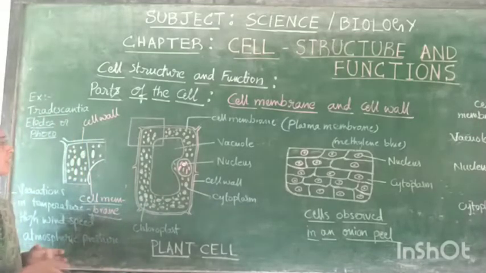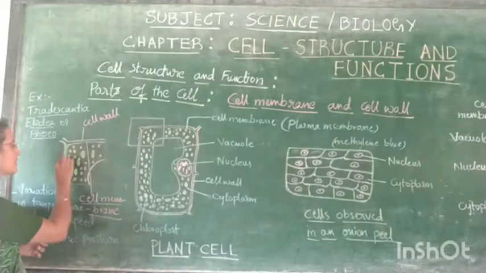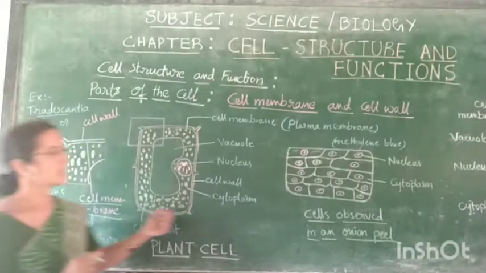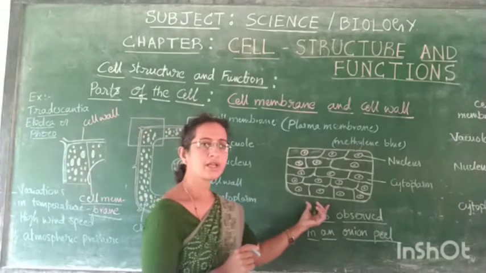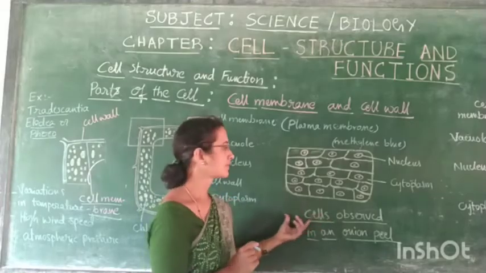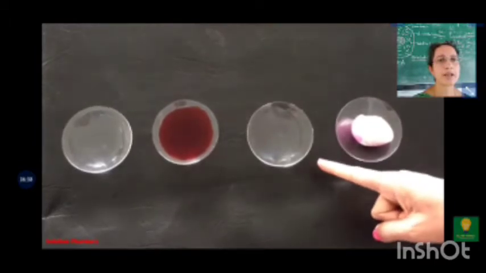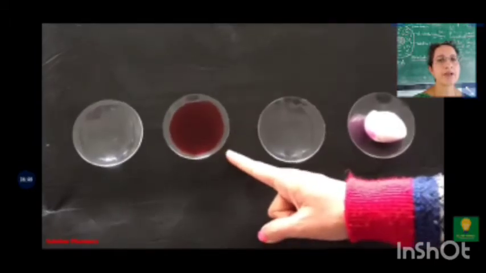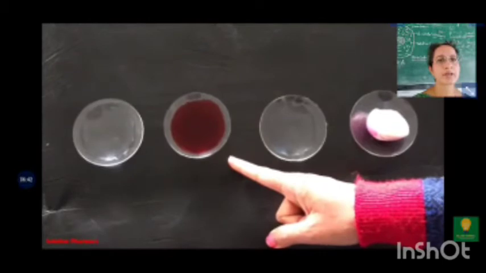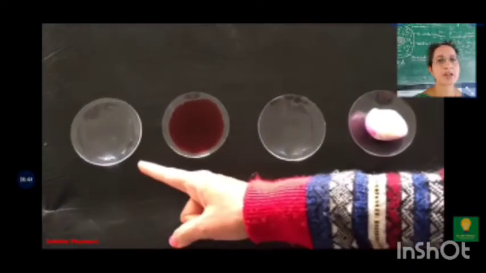This cell wall can be observed under the microscope. So when we take an onion peel and observe, we will learn how an onion peeling is observed under a microscope. Take the onion bulb, water and dye in different watch glasses. You take water in another watch glass.